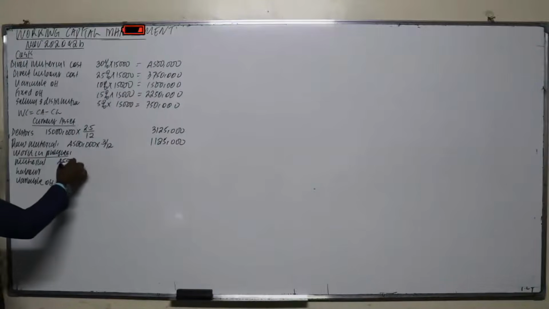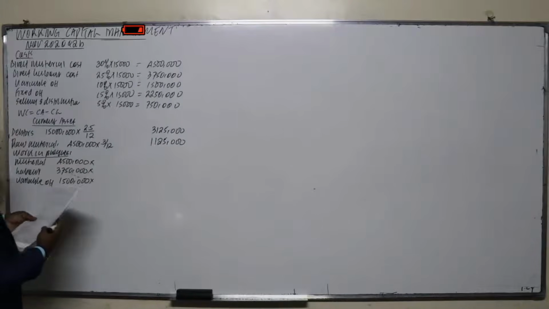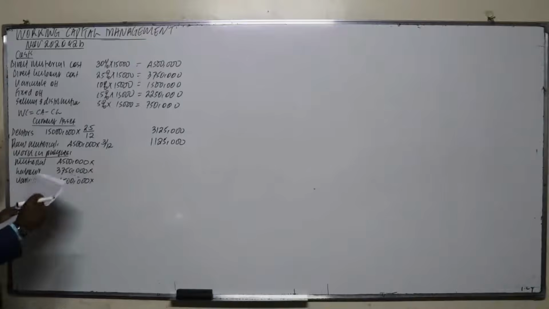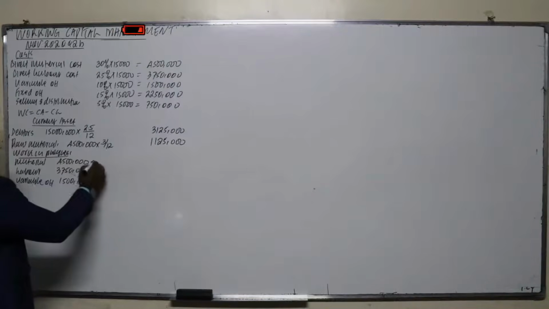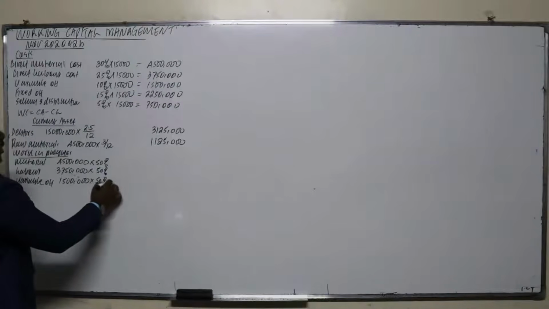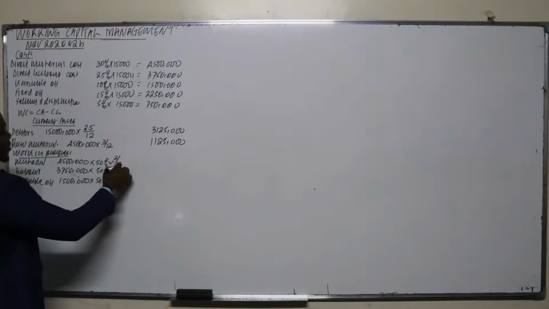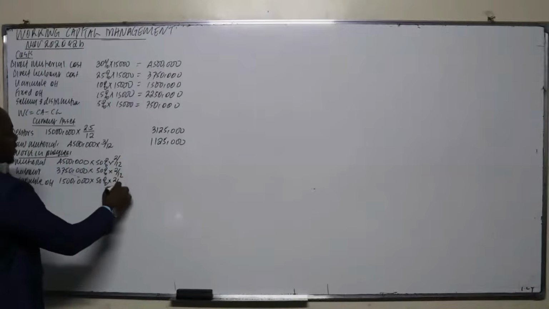So material cost was 4.5, labor we have is 750, and then variable overhead is 1.5. And we are told in note number 1 that work in progress represents 2 months worth of half processed goods. So you take half, so it's 50%. And then it's 2 months worth of half processed goods, so 2/12.